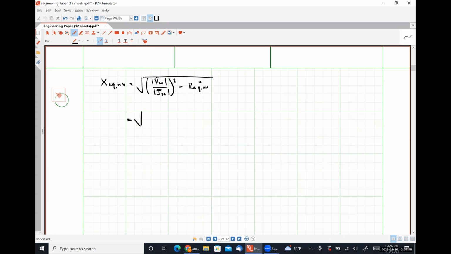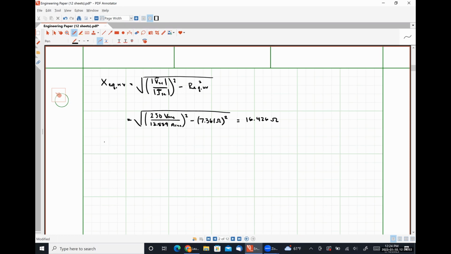Substituting in my numbers, this looks like 250 volts RMS over 13.889 amps RMS quantity squared, minus that 7.361 ohms quantity squared, which comes out to be 16.426 ohms.